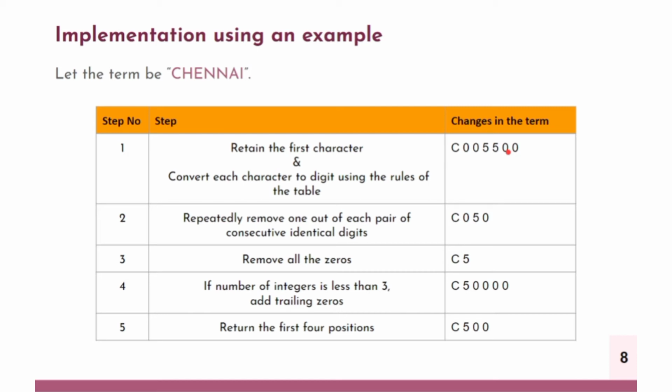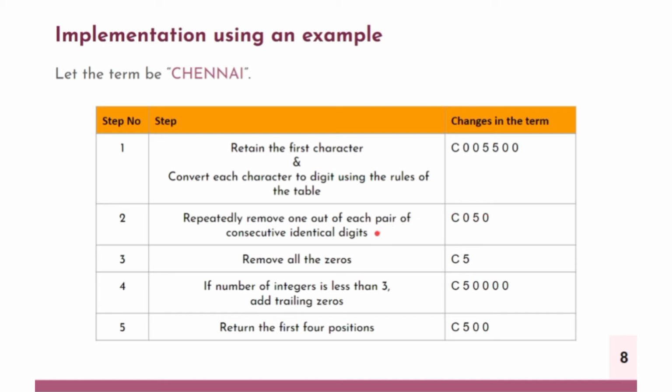So for however many consecutive identical digits there are, we retain the first of the repetitions and omit the others. Among the 0, 0, we take the first and omit the rest. Similarly for 5 we take one 5, and for the other zeros we take one 0. So at the end of step 2, what we have is C050.